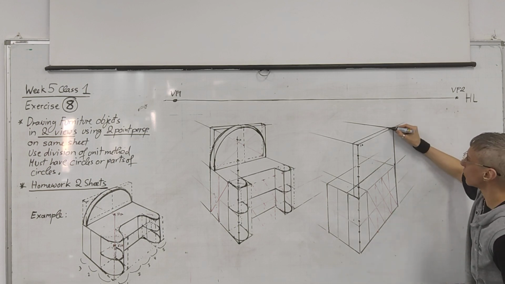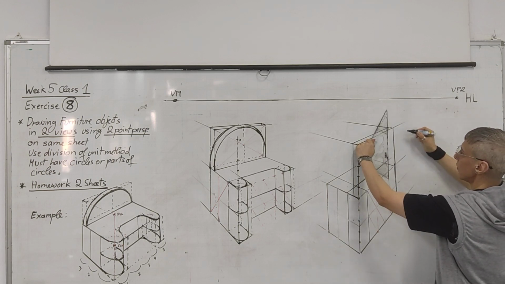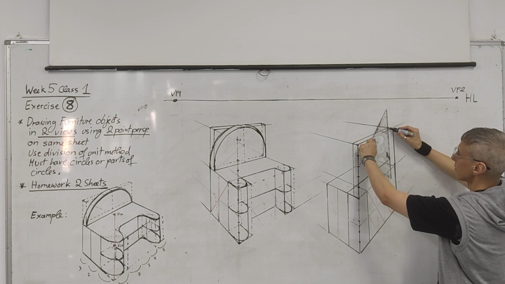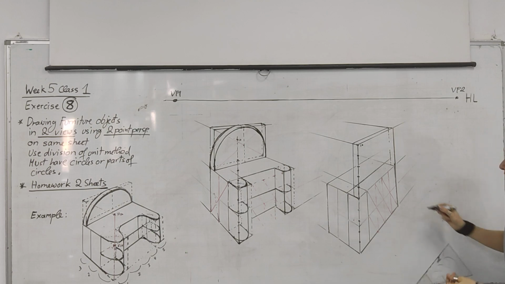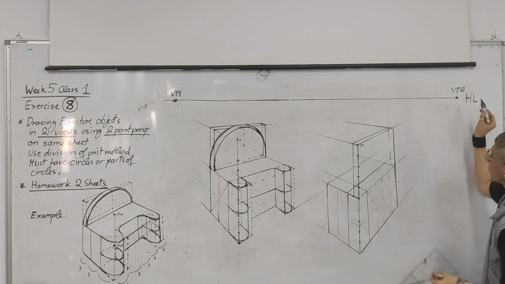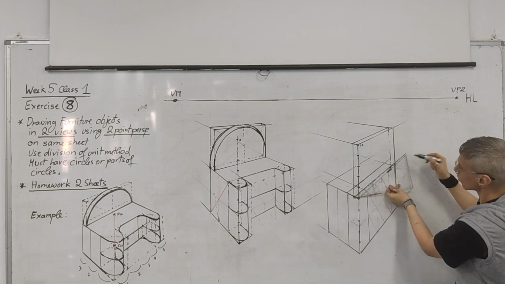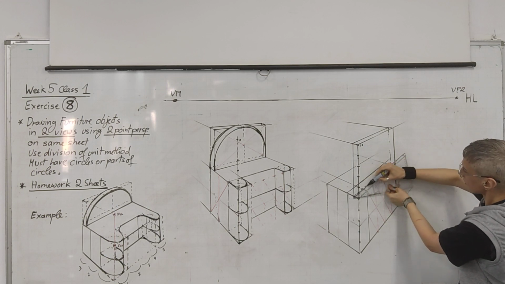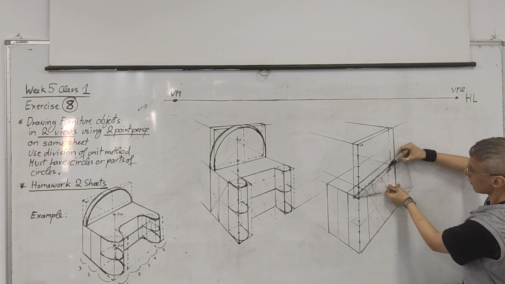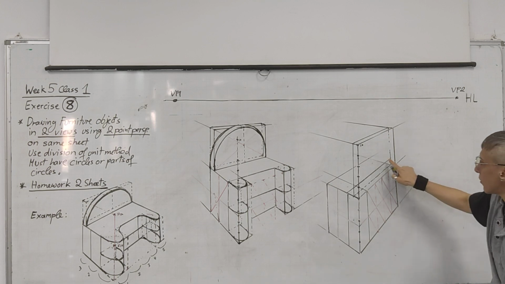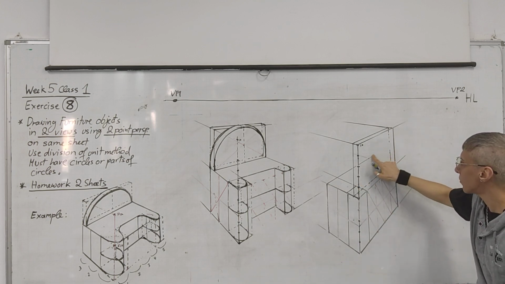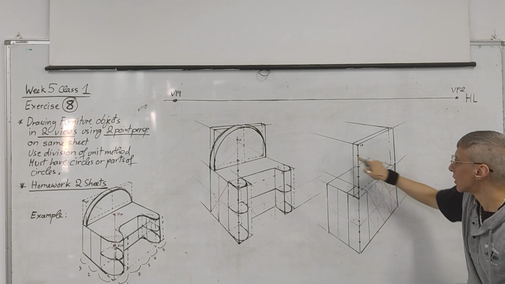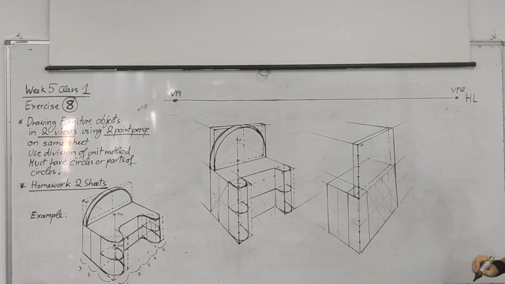From this point down, this is here the hidden line. And from this point or this point to the vanishing point, they should connect. But now this is going to be the hidden line. Now let me delete here because we don't really need this object here. So this is the end here of the object.